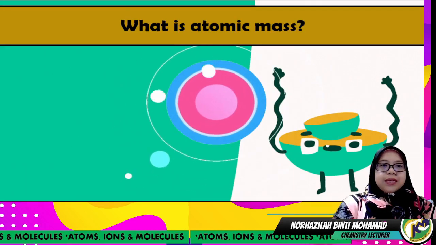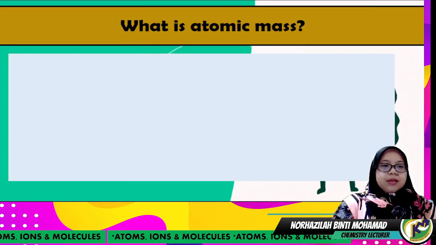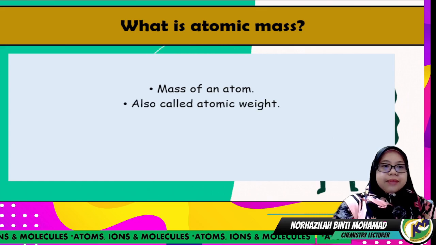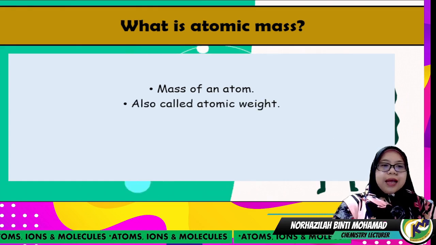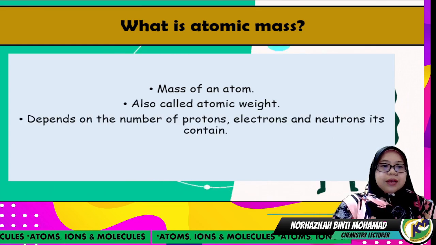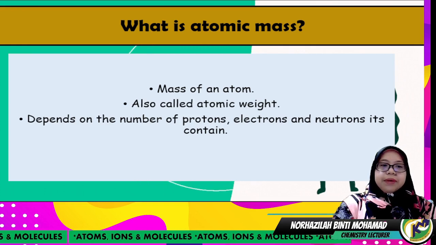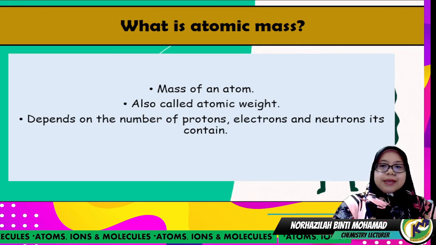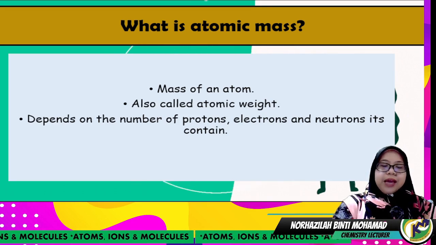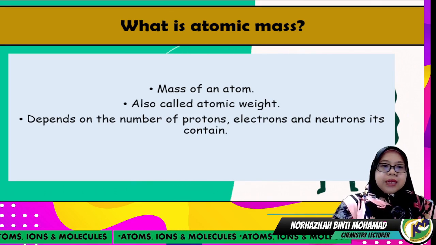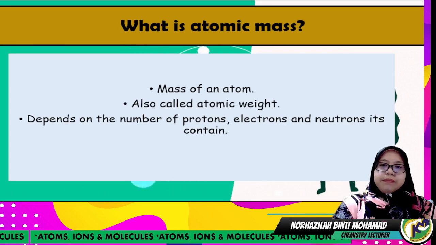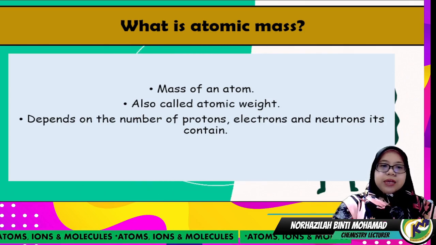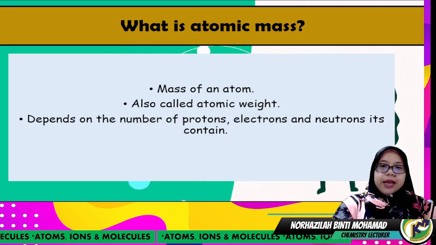So what is atomic mass? Atomic mass is the mass of an atom, also called atomic weight. It depends on the number of protons, electrons and neutrons it contains. As we have learned before, the weight of a proton is approximately 1 AMU, and the neutron is approximately 1 AMU.